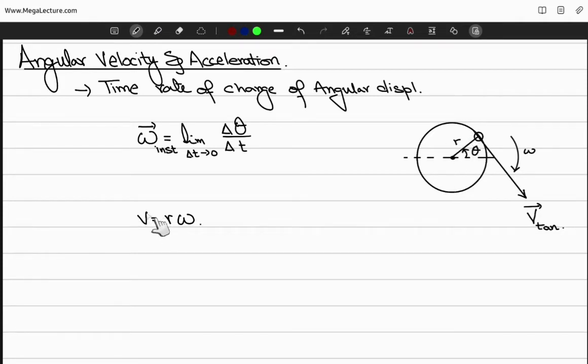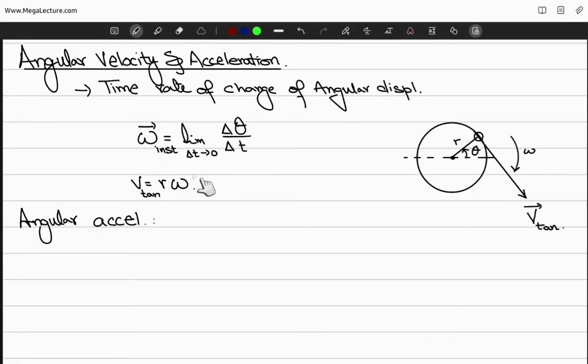However, the linear velocity or the tangential velocity can change. So if the length of the string increases, then the tangential velocity would increase. Which means if I want something to go flying off very fast, then all I have to do is increase the length of the string before I cut it.